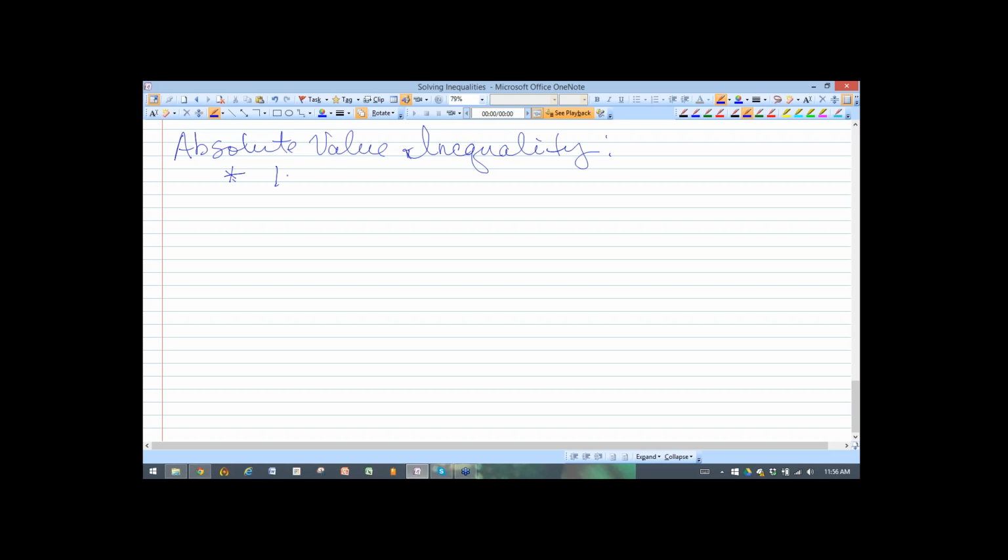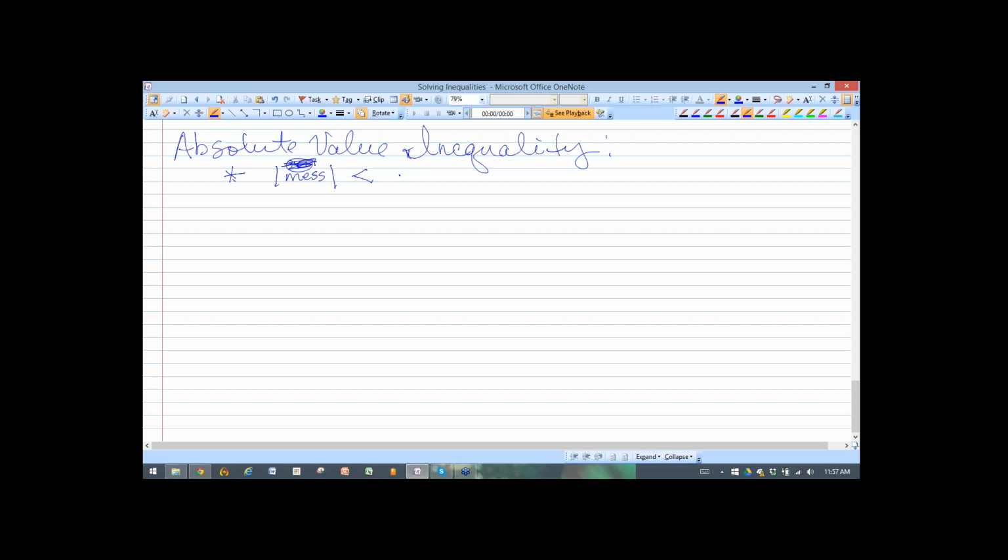You want to make sure you have the absolute value of whatever it is. I can just call it mess, because it can be 3x plus 1 or whatever it is. What's inside the absolute value must be isolated.